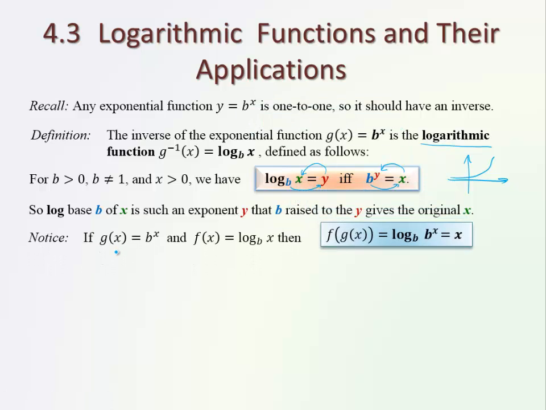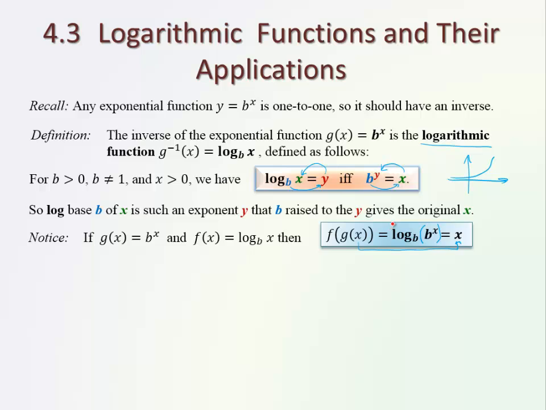Let's notice some properties. Since these two functions, the exponential and logarithmic with the same base, are inverses to each other, when we compose them, we're supposed to end up with identity. So if we compose f of g of x, and g is the exponential b to the x, and f is log applied to it, so it's log with base b from b to the x, that should give us identity, but identity means that x goes to x.